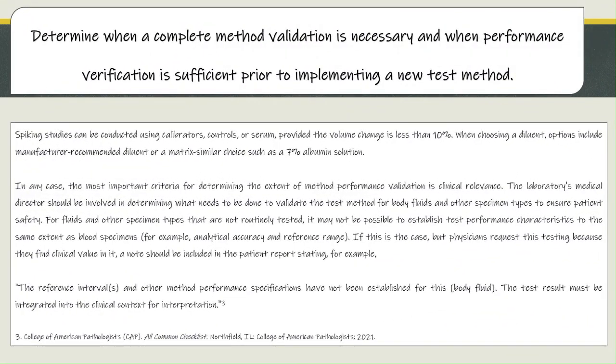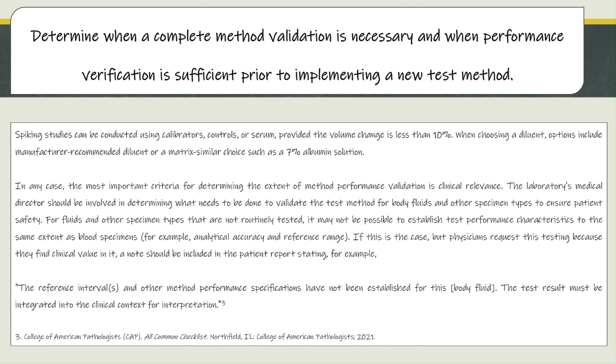Determine when a complete method validation is necessary and when performance verification is sufficient prior to implementing a new test method. Spiking studies can be conducted using calibrators, controls, or serum, provided the volume change is less than 10%. When choosing a diluent, options include manufacturer-recommended diluent or a matrix-similar choice such as a 7% albumin solution.